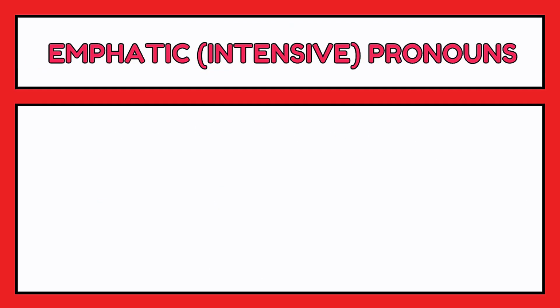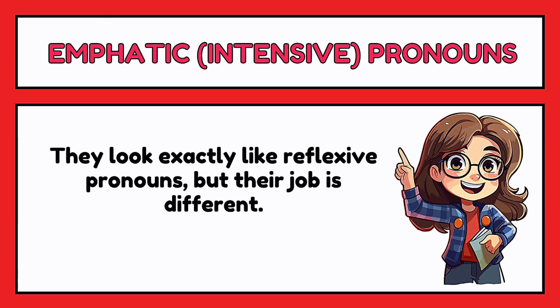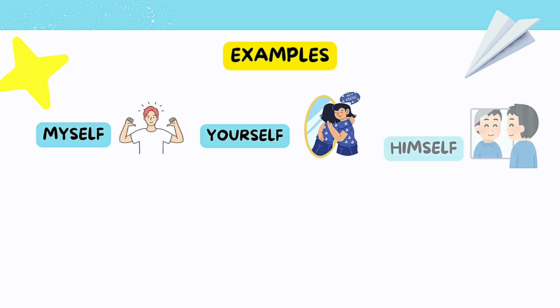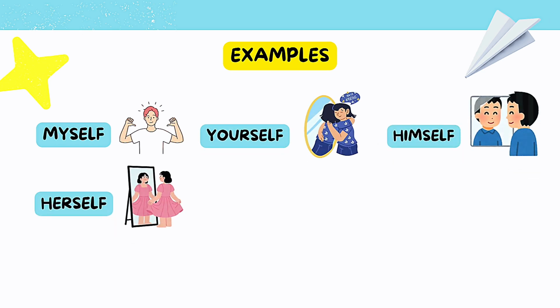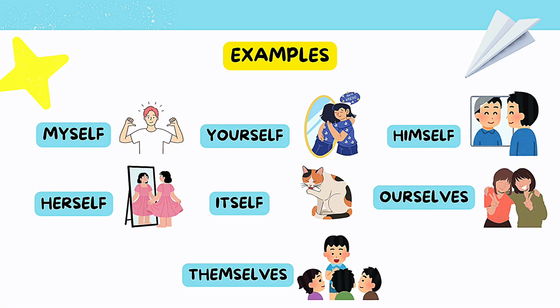9. Emphatic or intensive pronouns. Emphatic pronouns are used to emphasize or give extra importance to a noun or pronoun. They look exactly like reflexive pronouns, but their job is different. Examples: myself, yourself, himself, herself, itself, ourselves, themselves.